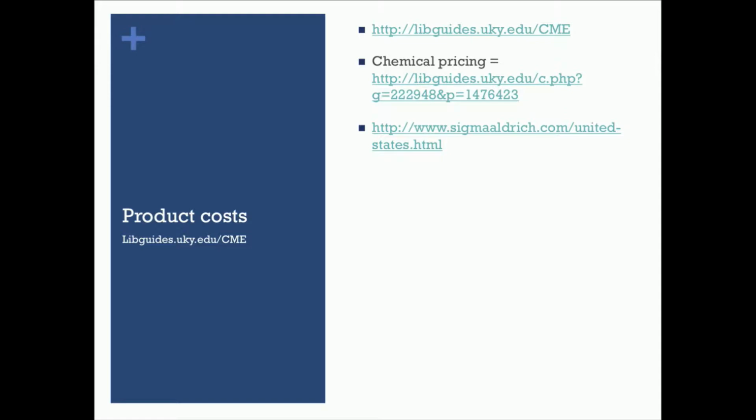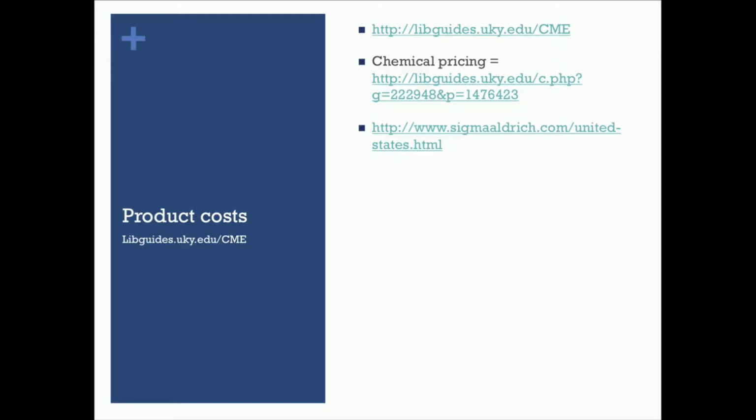How do we get product costs? Well, here's a very nice set of guides that's been put together by Sue Smith of our engineering library. They're now the Engineering and Science Library. So she's got several things put together for us. One of them is a set of library guides specifically for chemical engineering, and I'll show you the web page on that.